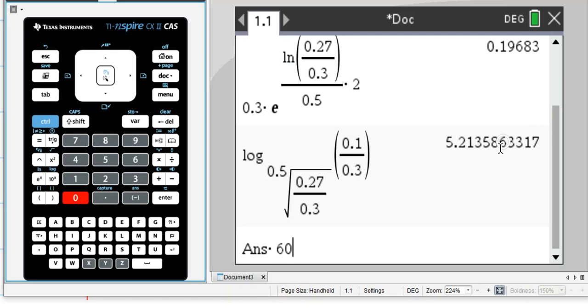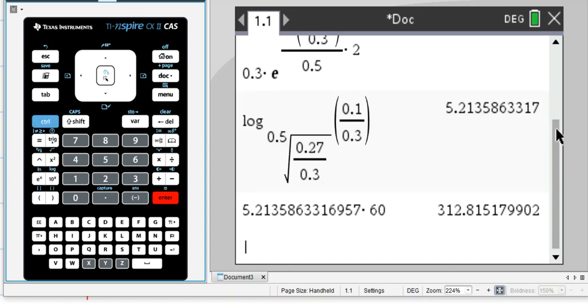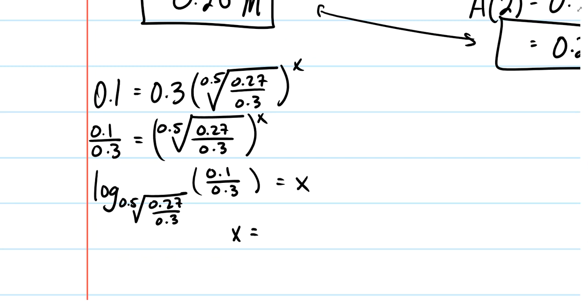It's going to include more decimals beyond what's seen here and provide us with a correct and final solution. And there we go. So 312.815179902 minutes.